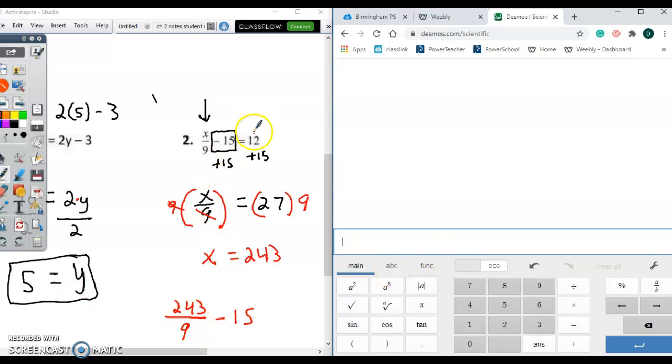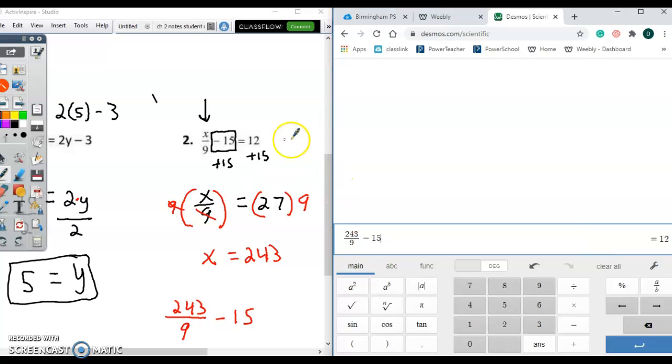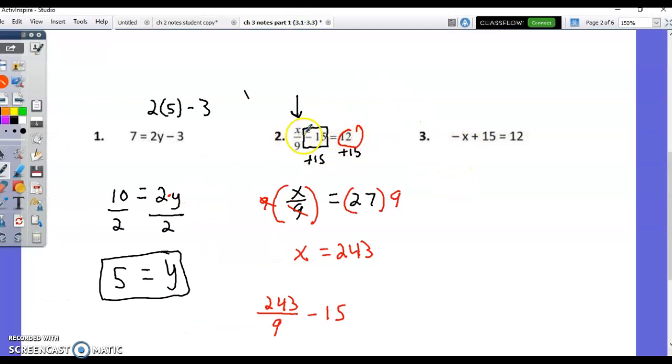Should come out to equal 12 if I did it right. So 243 over 9. I'm going to hit my arrow to the right. I'm going to subtract 15. And I get 12. Boom. All right. So I'm on the right track. We know we're getting it right. We are undoing these to get to what makes these things true.